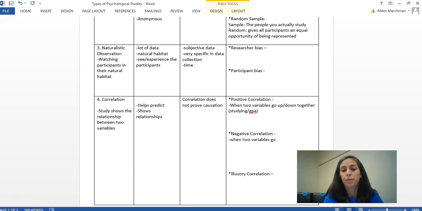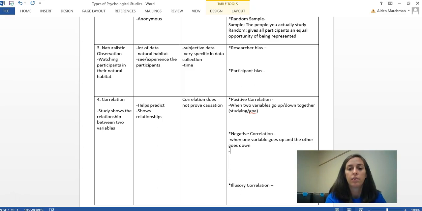So, brushing your teeth and cavities. Okay? And lastly, we already talked about illusory correlation, which is when you perceive a relationship between two variables that isn't there. Cool?